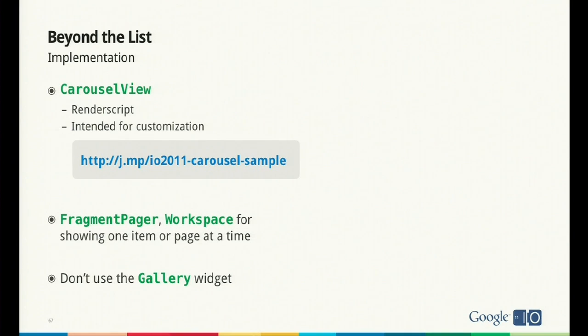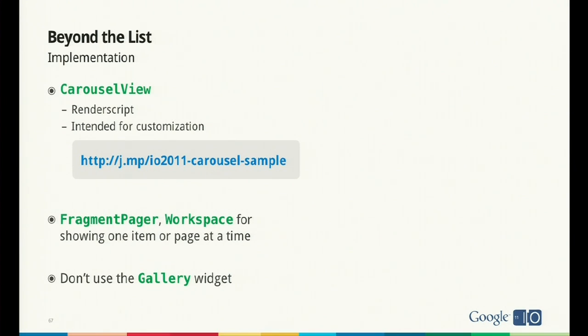This is implemented using the new RenderScript APIs in Honeycomb, and it's really intended for customization. Some variant on this was used for Books, YouTube, and all of our other applications that used some sort of 3D carousel during Honeycomb's development. So take this and really make it your own.